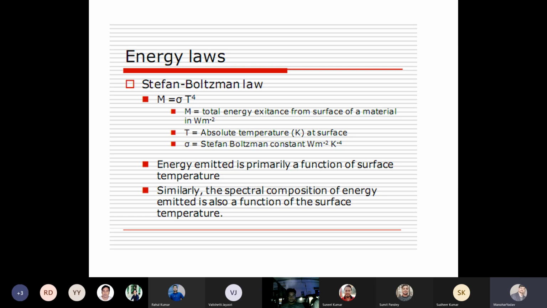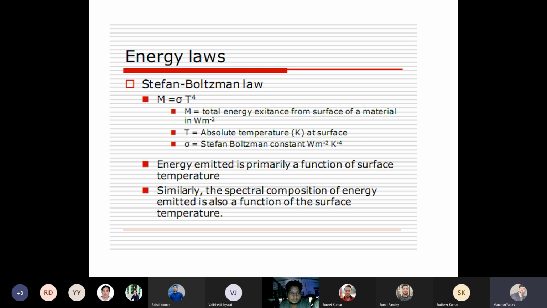We consider that object as a black body, a perfect radiator. Due to some internal mechanism, a tremendous amount of energy is generated, and that generated energy is quantified in terms of the temperature of that material.